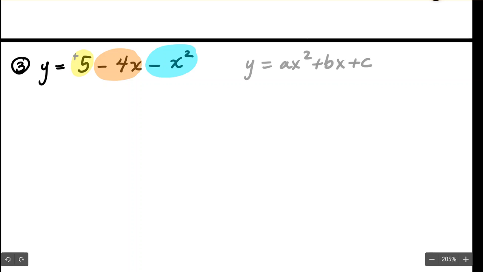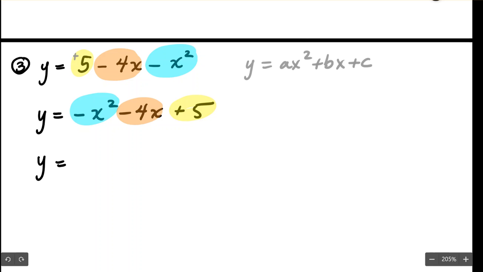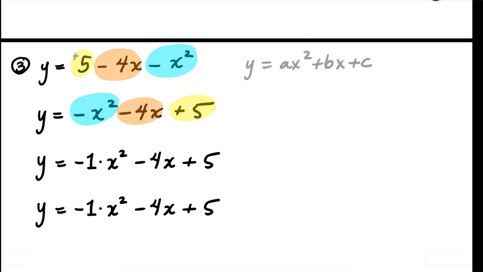So if I move this around, I'm going to write minus x squared minus 4x plus 5. It might even be helpful to write that minus x squared as a minus 1 times x squared, minus 4x plus 5.